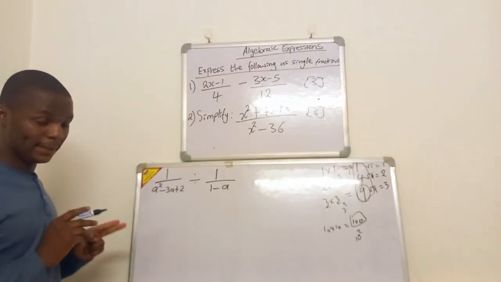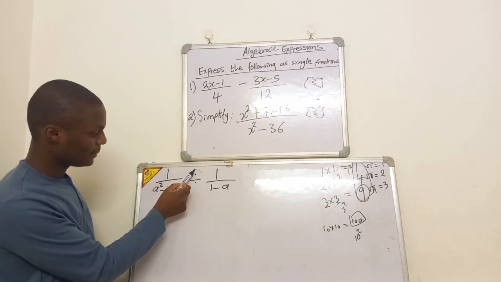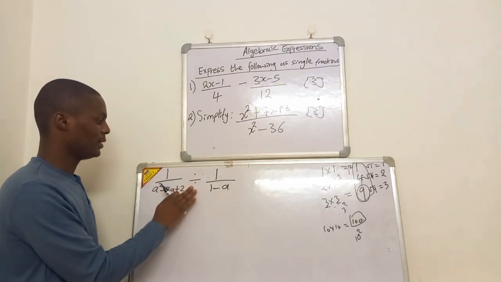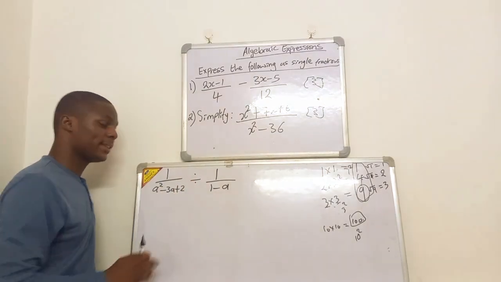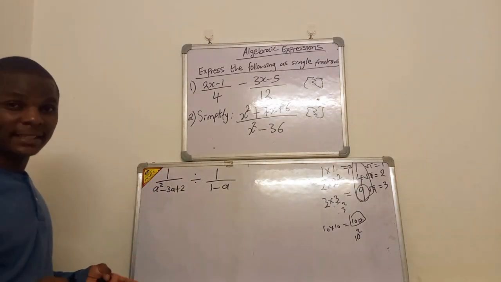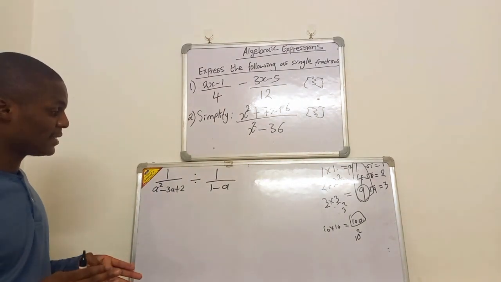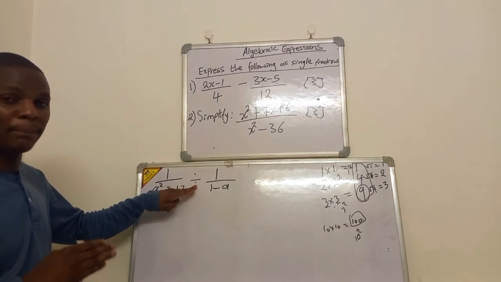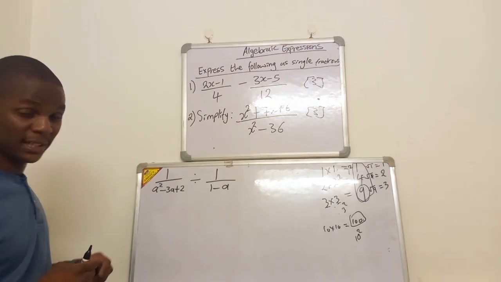So the first step is to remove this division sign. Whether you are dealing with algebraic fractions or normal fractions, if you have a division sign, you remove it and replace it with a multiplication sign.